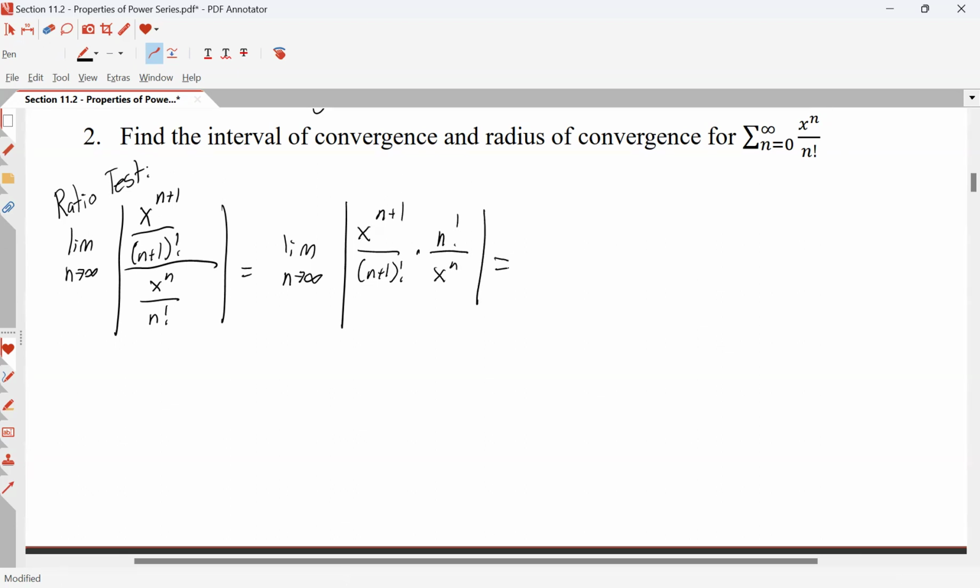Some simplification. Remember that n plus 1 factorial is the same as n plus 1 times n factorial. So this equals 1 over n plus 1 up in the corner here, meaning this fraction is going to be 1 over n plus 1.